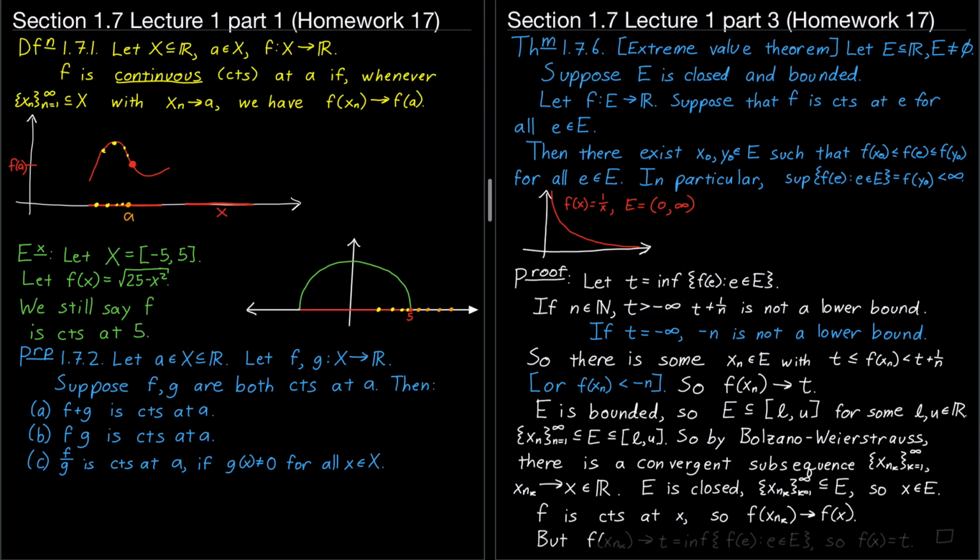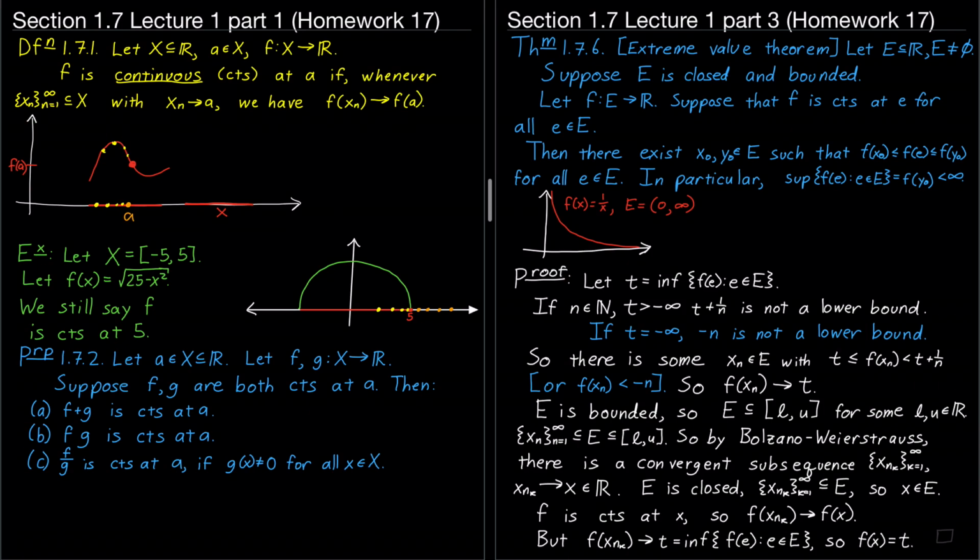But f of x_{n_k} is also converging to our lower bound t. That was our infimum of the f of e's. So f of x is equal to t.